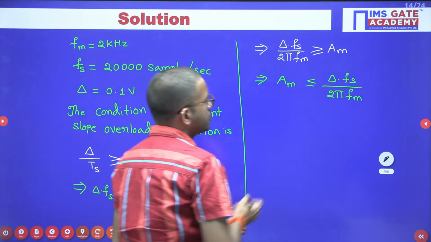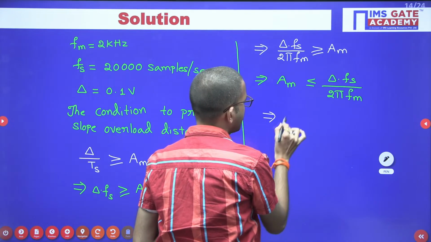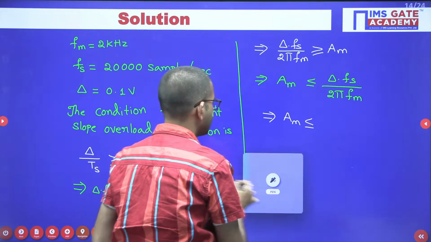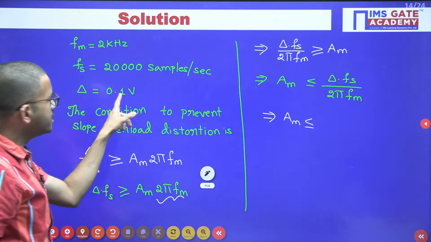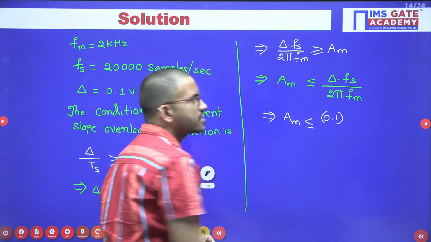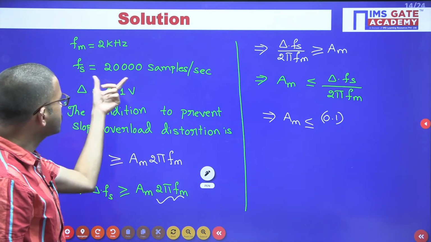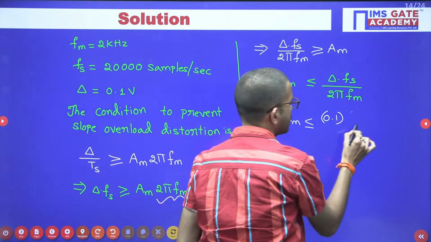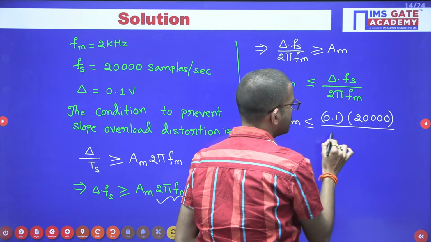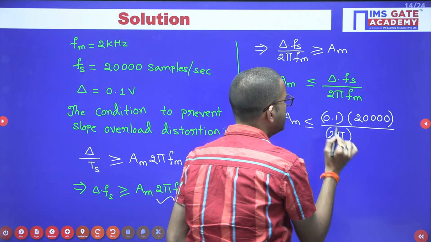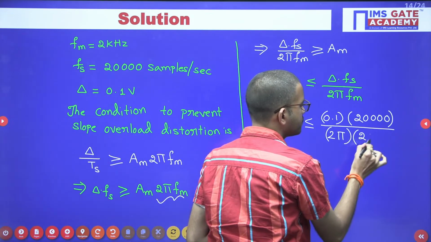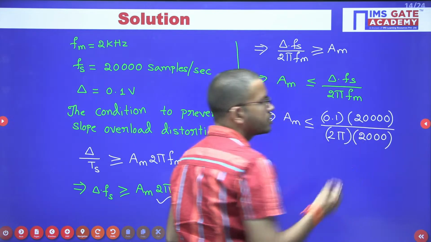Now substitute the given values. Here delta is 0.1, and the sampling frequency they have given is 20,000, divided by 2 pi into FM, which is 2k, so you can write 2000.